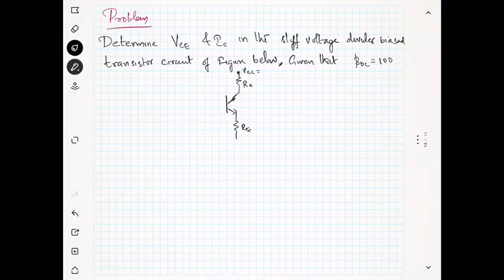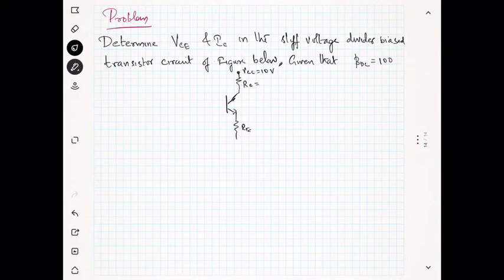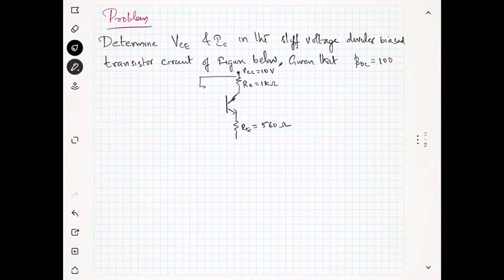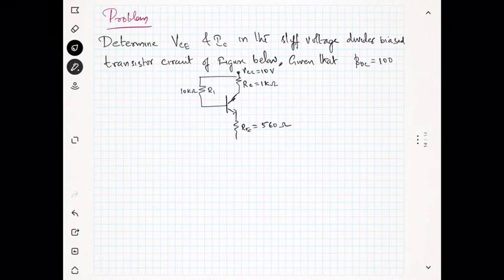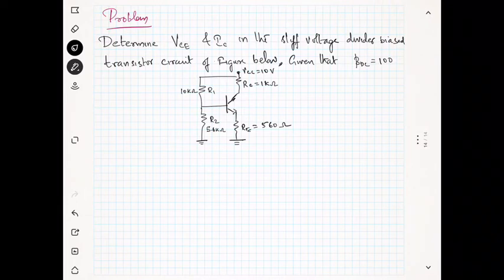VCC is given as 10 volt, RC is given as 1 kilo ohm, RE is given as 560 ohm, R1 is given as 10 kilo ohm, R2 is given as 5.6 kilo ohm, and this is the circuit. Now we will see this problem in detail.